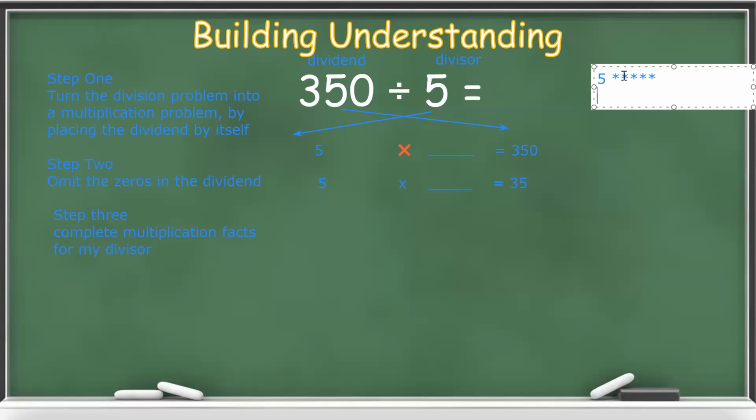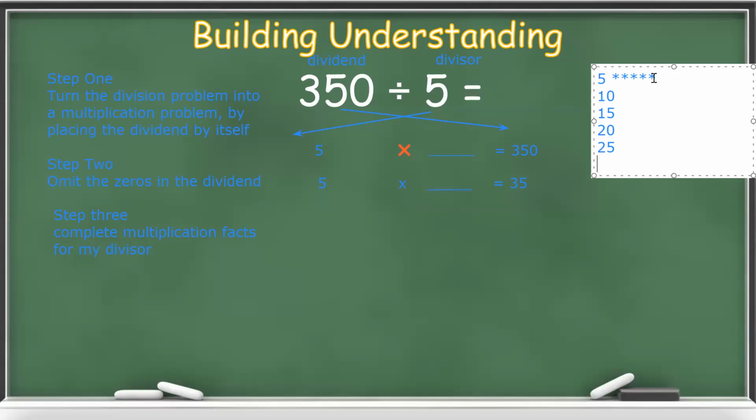And then I count 6, 7, 8, 9, 10, 11, 12, 13, 14, 15, 16, 17, 18, 19, 20, 21, 22, 23, 24, 25. And I want to go until I get to 35: 26, 27, 28, 29, 30, 31, 32, 33, 34, 35. So I'm going to stop there because I got to 35.